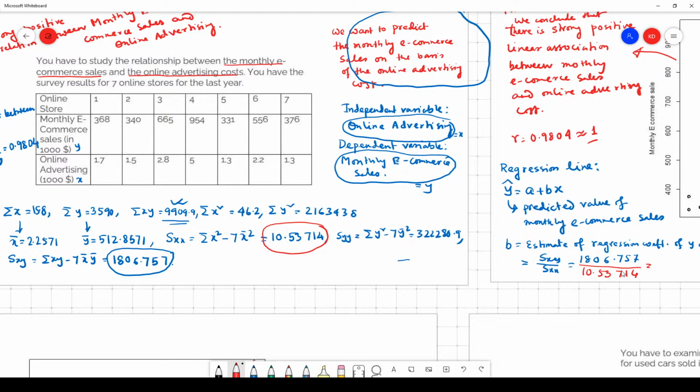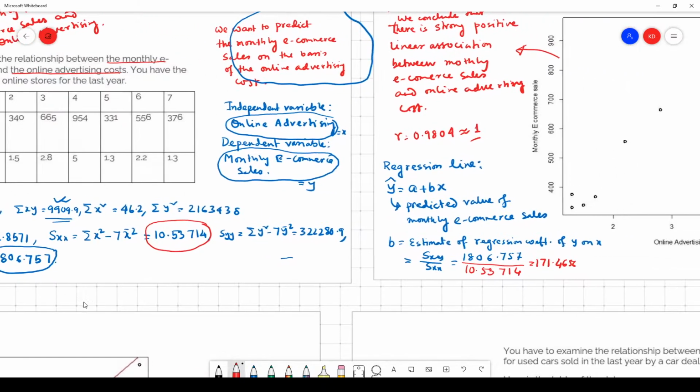I think according to my calculation, I got this value: 171.4656. Okay, thank you, Shayuk.